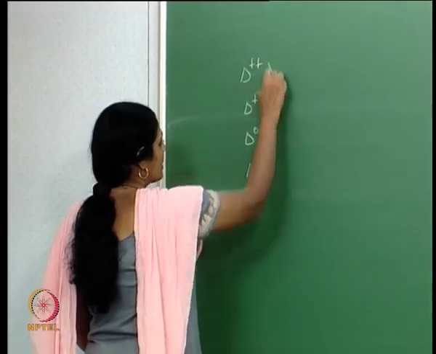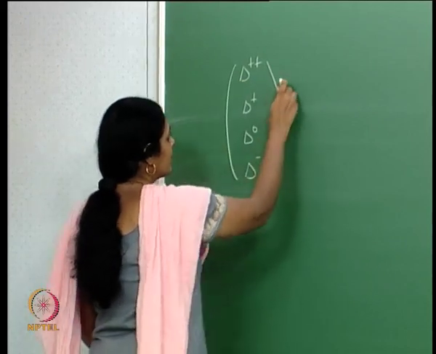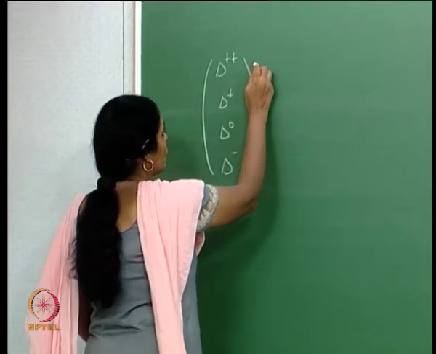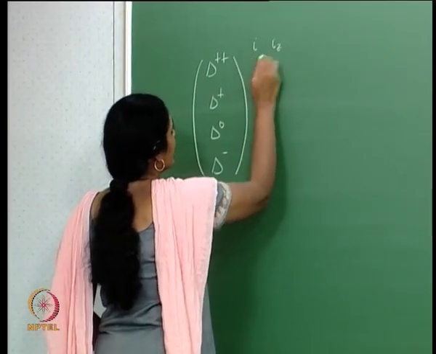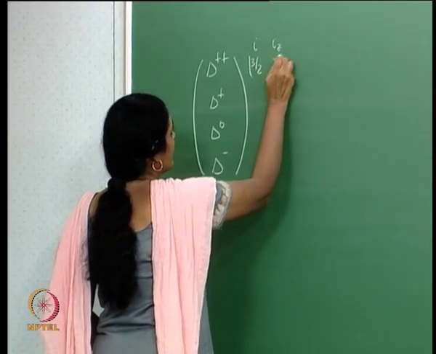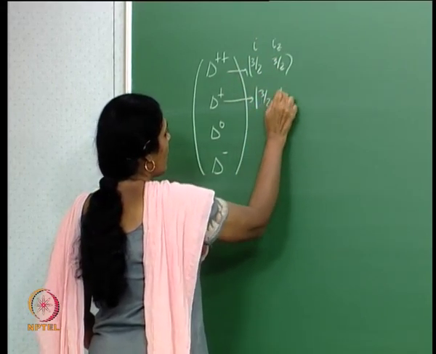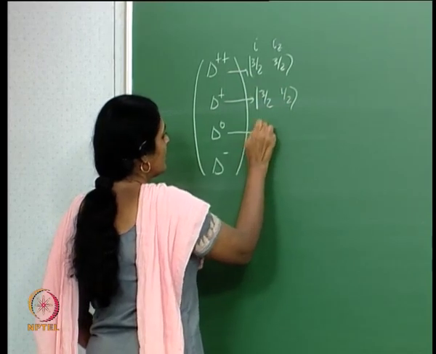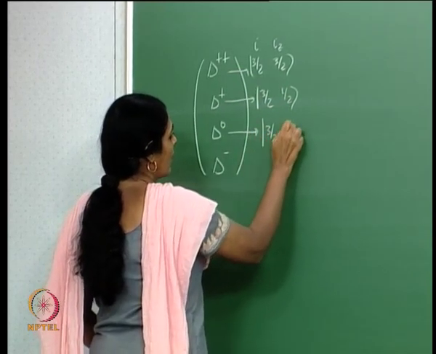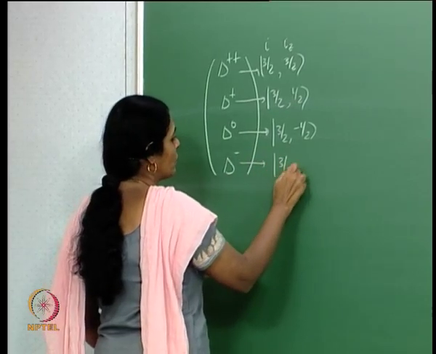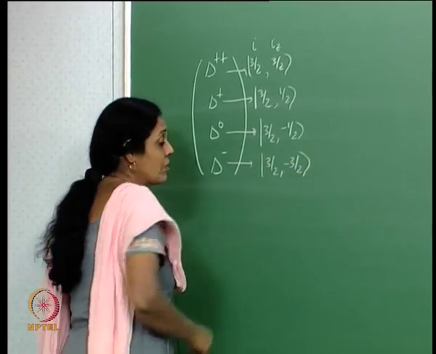So they transform analogous to a spin 3 by 2 object. This would be an I equals 3 by 2, Iz equals 3 by 2. This is an I equals 3 by 2, Iz equals half state. This is an I equals 3 by 2, Iz equals minus half state, and this is an I equals 3 by 2, Iz equals minus 3 by 2 state.